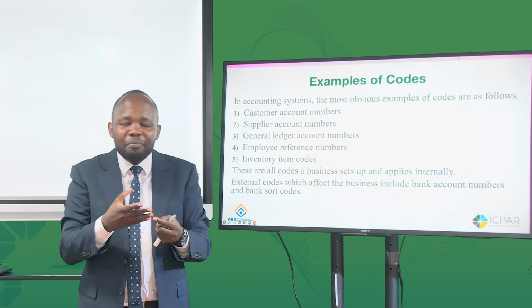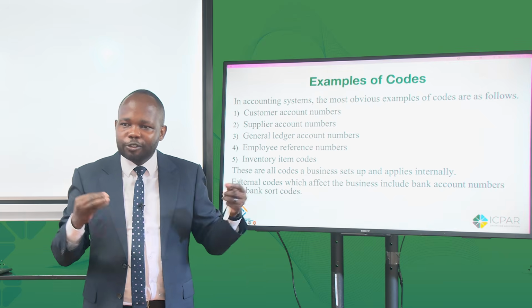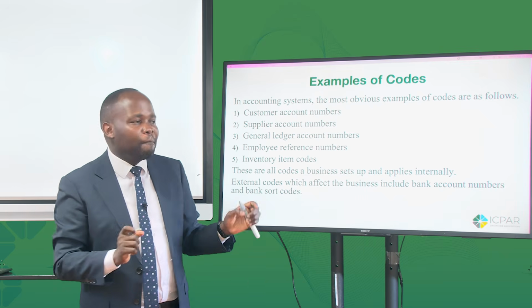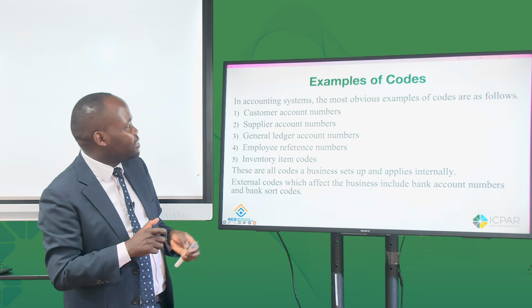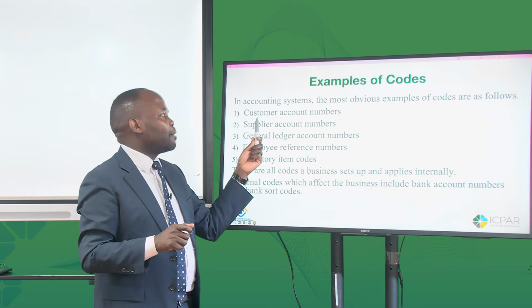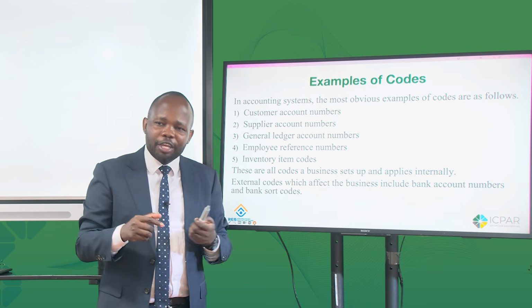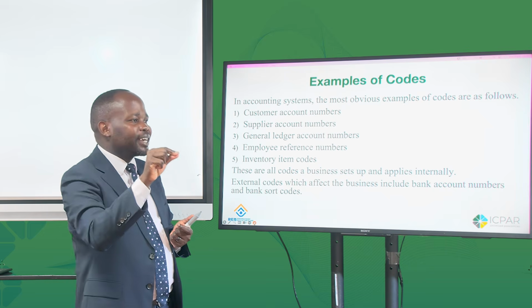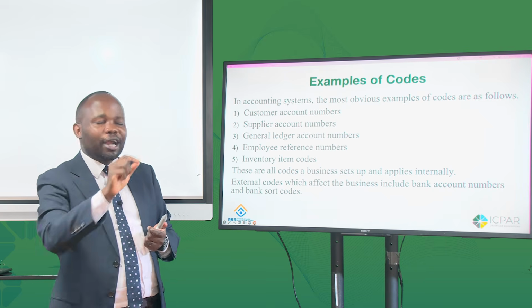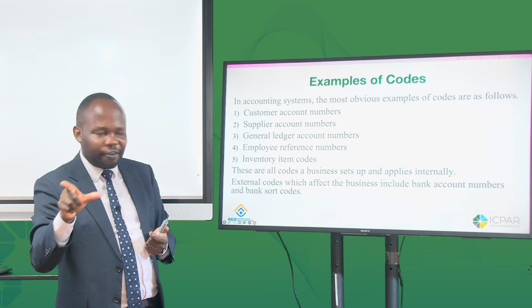Now, codes can be related to different transactions in the business. But the common transactions which need codes are, number one, customer account numbers. If we have different customers, each customer will have a unique number, a unique code, or a unique letter if it's alphabetic.